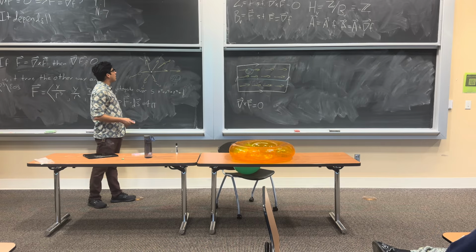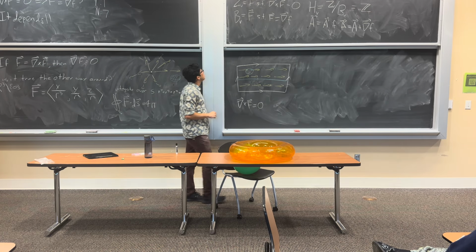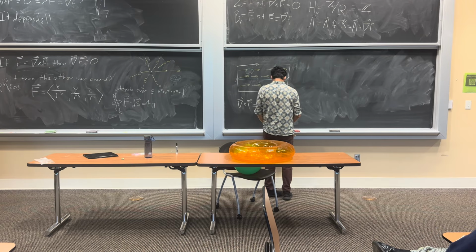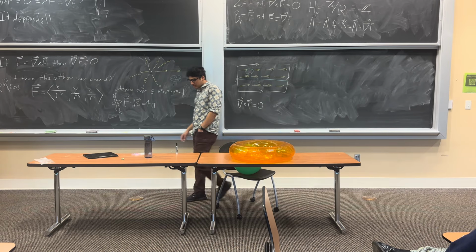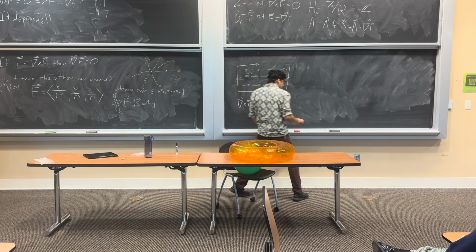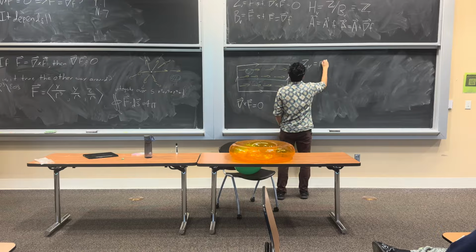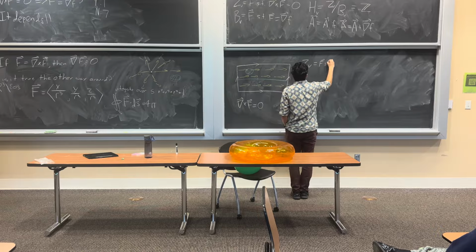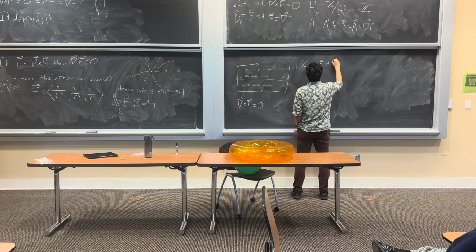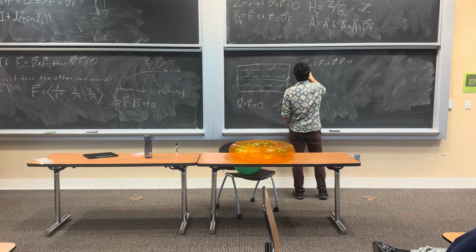So now, I'm kind of doing the same thing, but with different objects. In this case, ZV is going to be the set of F such that the divergence of F equals 0.